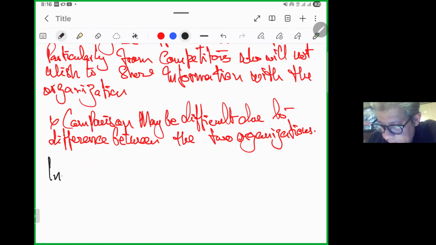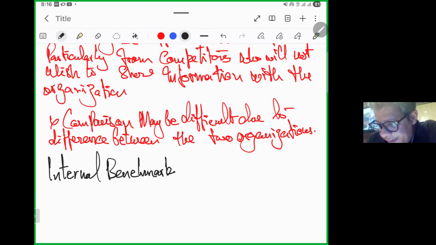Now, internal benchmarking, also known as functional benchmarking.